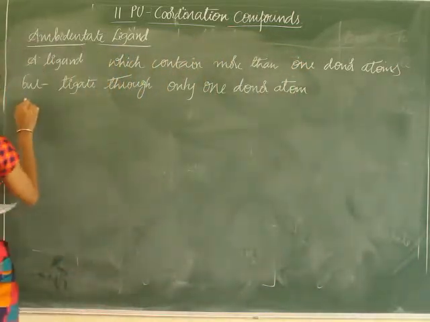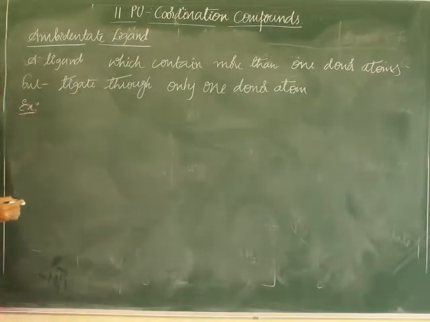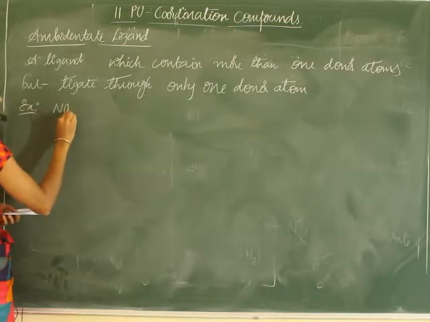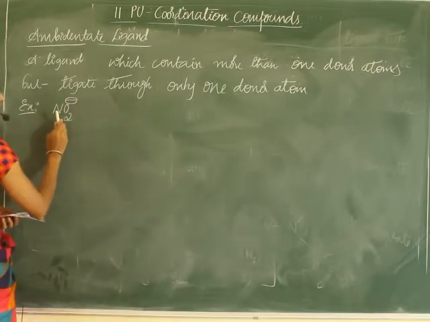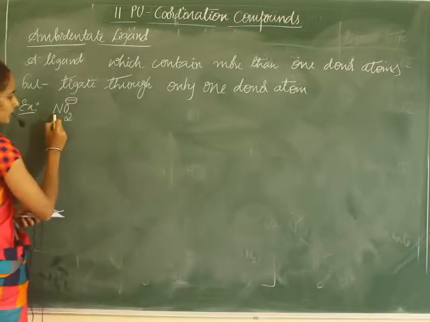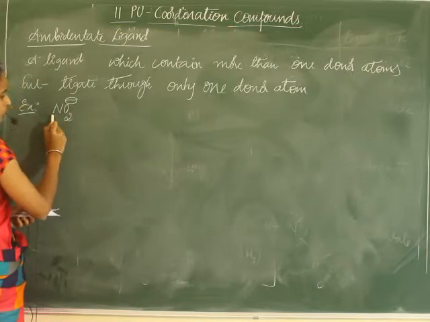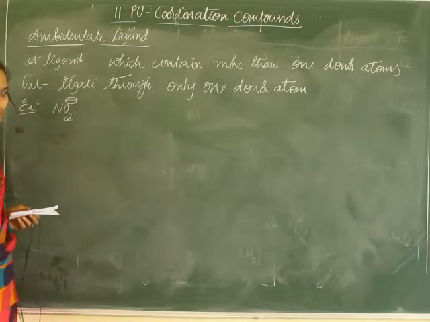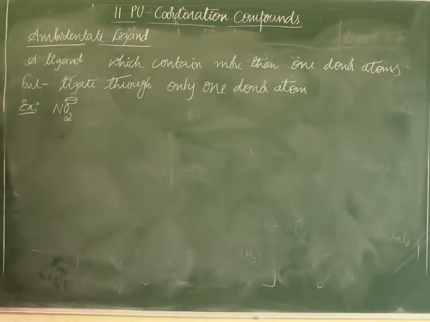I'll give an example, then you will come to know. Example, NO2 minus. See here, it can ligate either through the nitrogen atom or through the oxygen atom. Hence, the nitrite ion is an example for what?